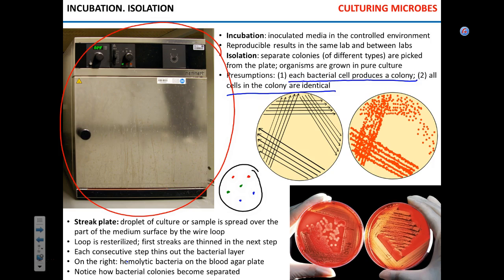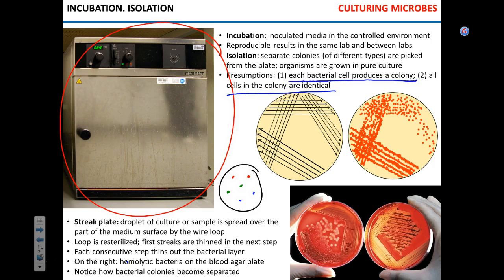Does that make sense? That's your presumption. So you pick the colony and put it on the clean, new plate. And then you streak it.